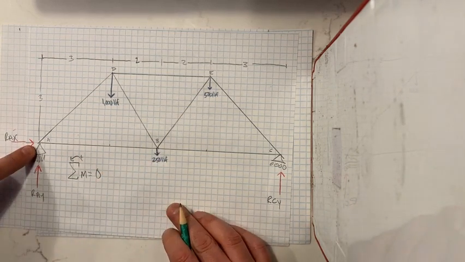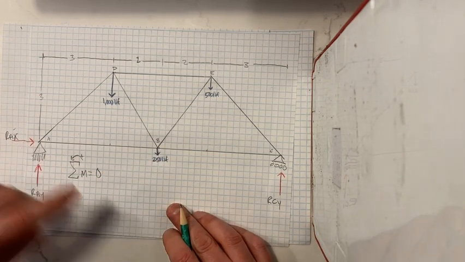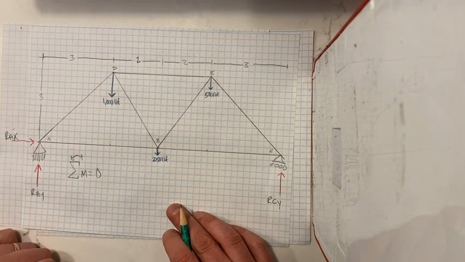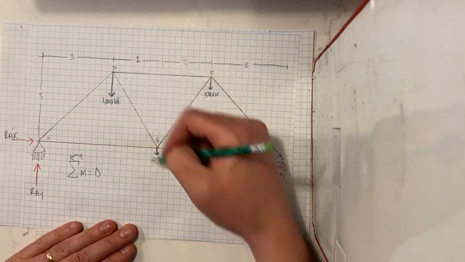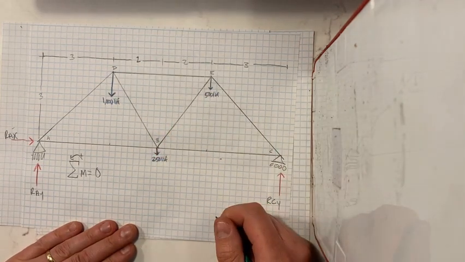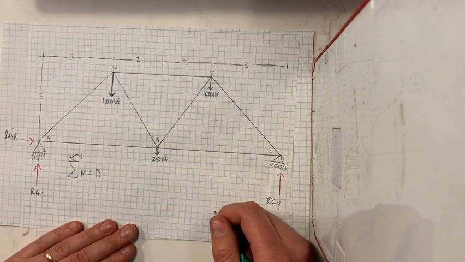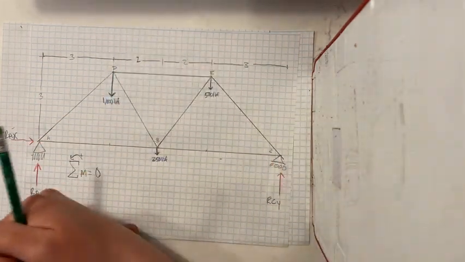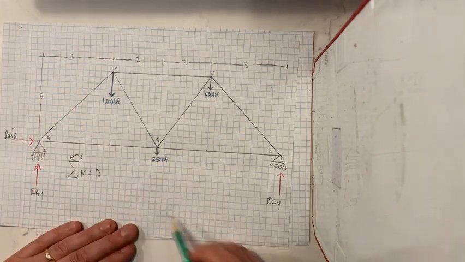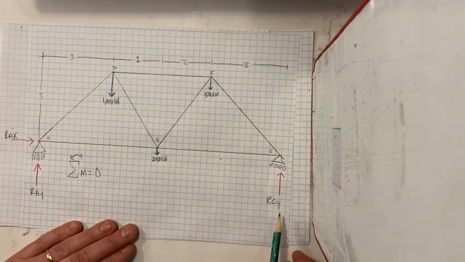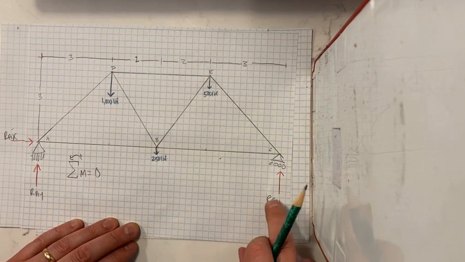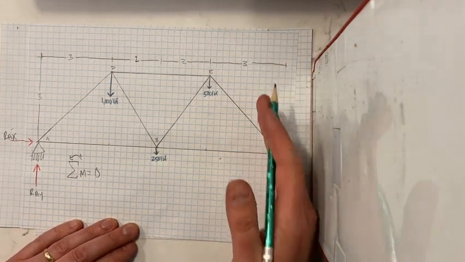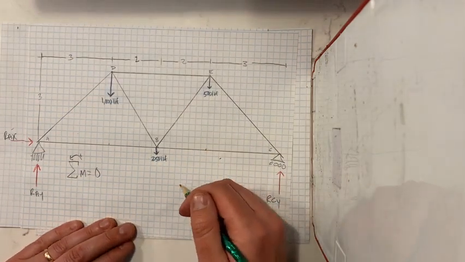We're setting our rotation point at this pinned joint here at point A. All right, and so we've got all of these negative forces that are going to be spinning our truss in a clockwise negative direction. And then we're going to have this RCY reaction roller joint that's going to be pushing it in the counterclockwise direction.